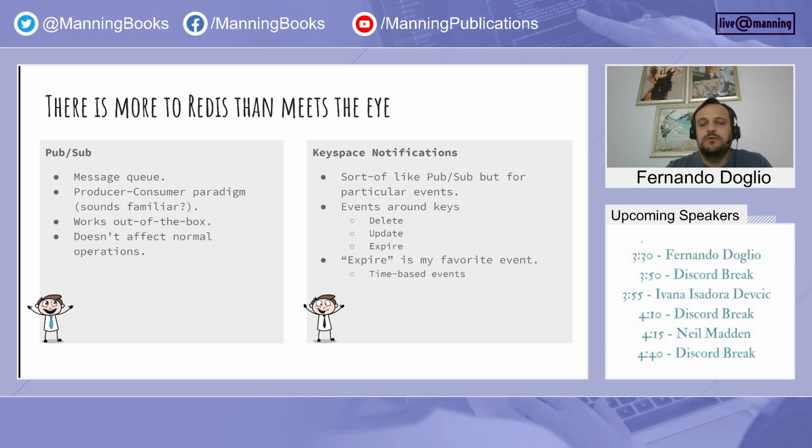Deleting a key, or even creating a new key, which means saving something new to Redis, and we get notified. In particular, the one I'm going to be also covering is the expire event, which is my favorite event because it not only allows you, it completely simplifies the creation of time-based events. So we're going to be covering that in a second.